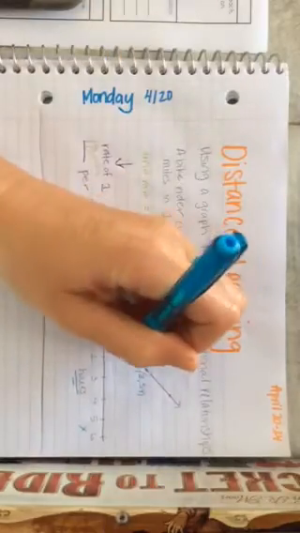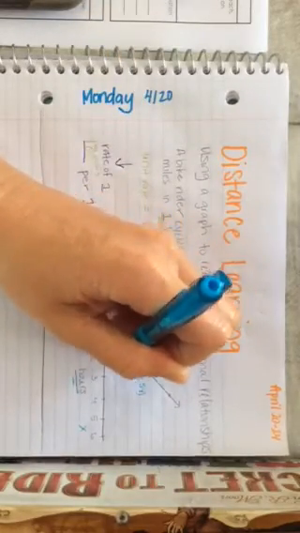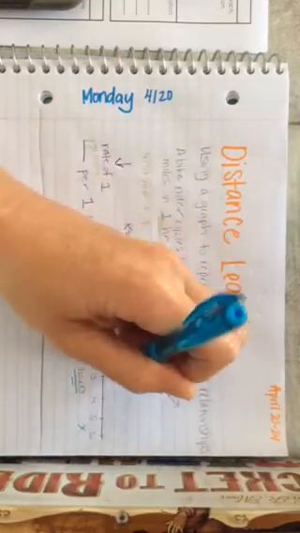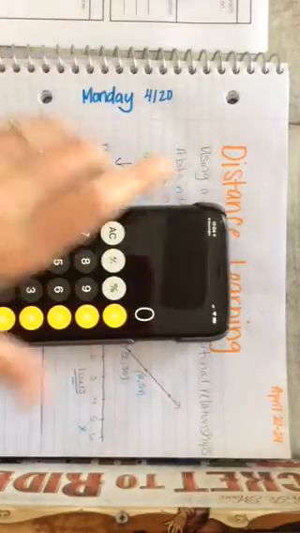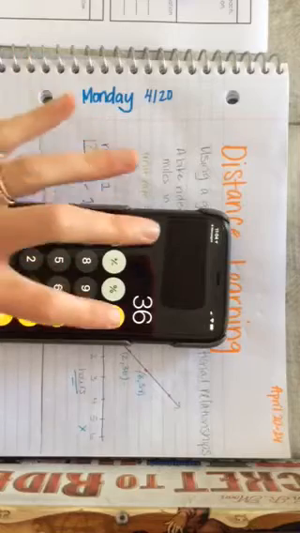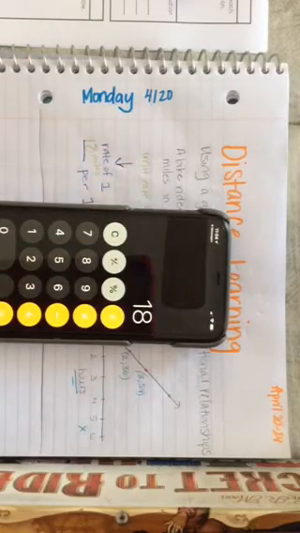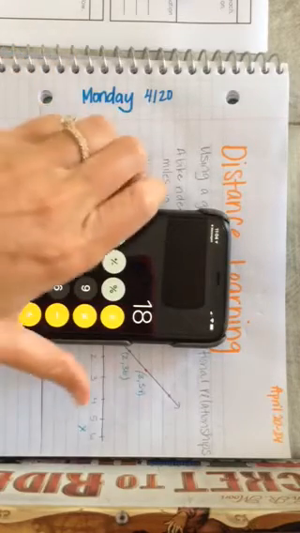To test this out, let's try this point. This point, my X is 2, and my Y is 36. If I do Y divided by X, or 36 divided by 2, I also get 18. So you can see that my constant is 18 for this graph. So let's go ahead and write that down. My constant is 18.